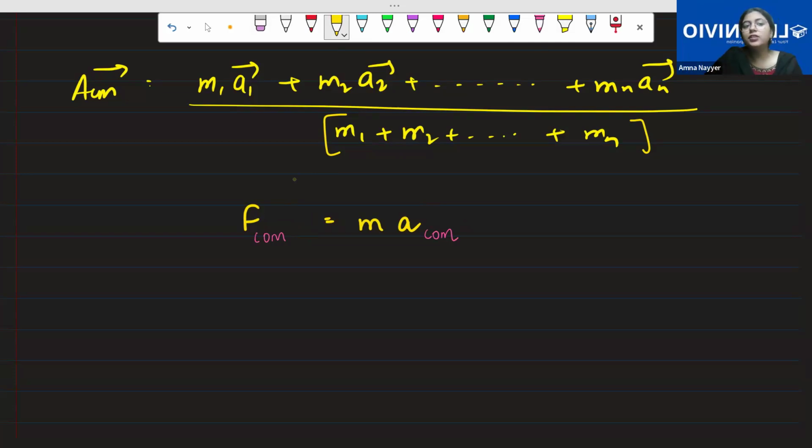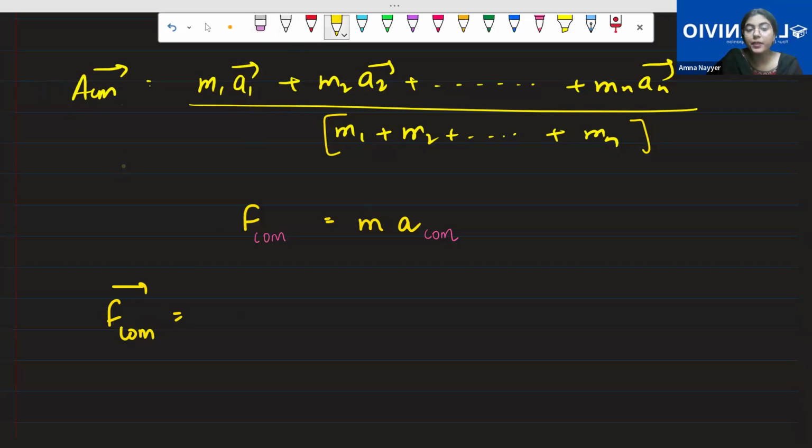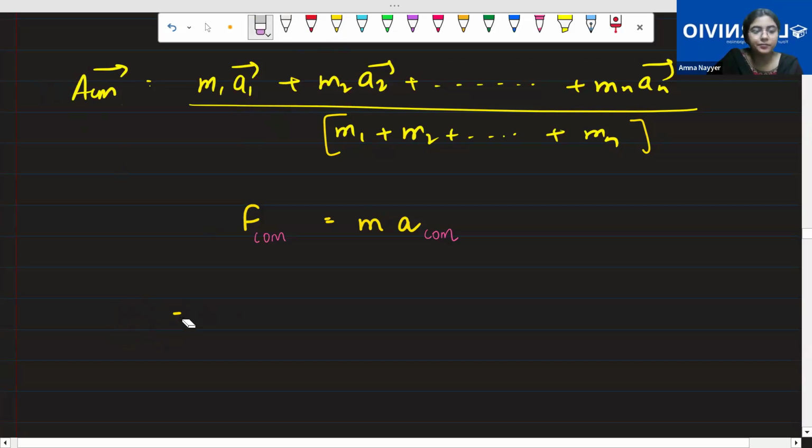Individually, m1a1 will give you the force F1. If I start putting all the values here, the force of the center of mass will be given by, in fact, you can multiply this with the mass of the system also. I'll tell you a better method to write this.